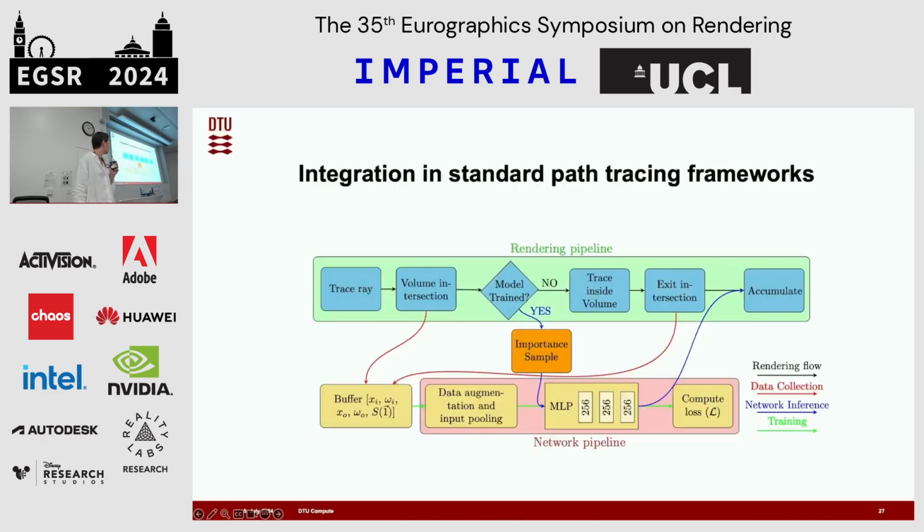I think it's impressive. And as a last slide, he demonstrates how his model is implemented in a standard rendering process. In the beginning, the model isn't trained yet, so he traces with Monte Carlo path tracing until the loss function is 10 to the minus 3.